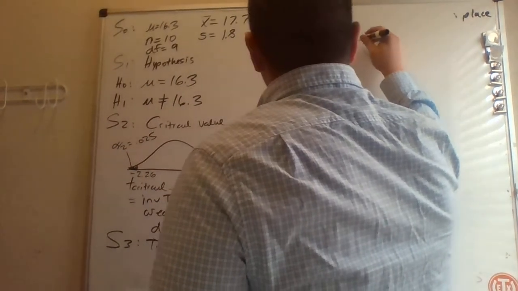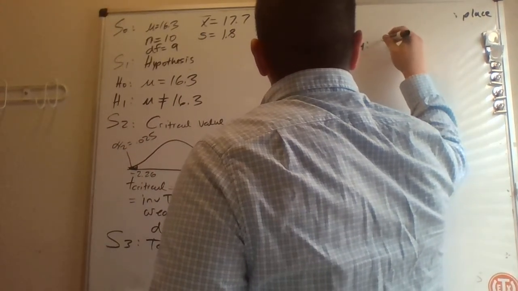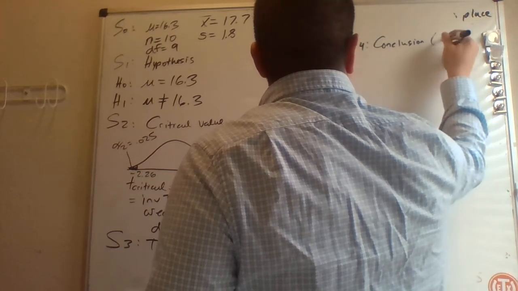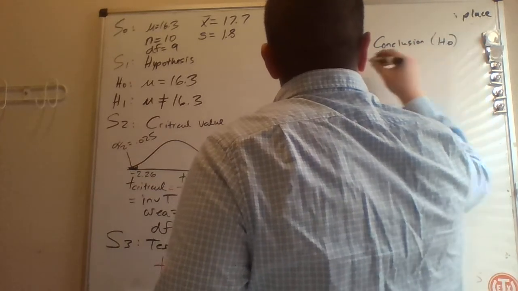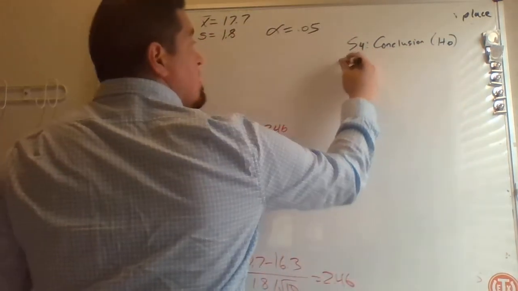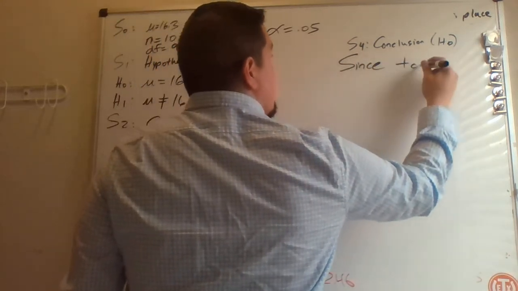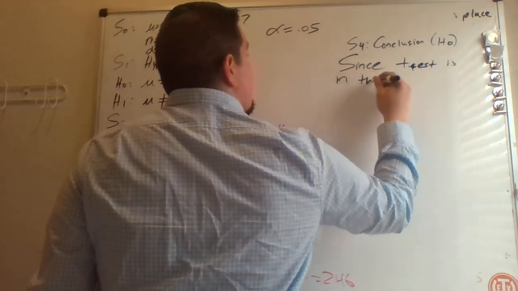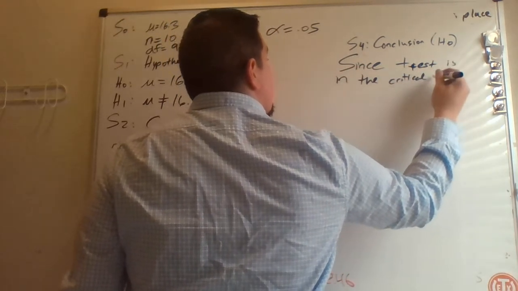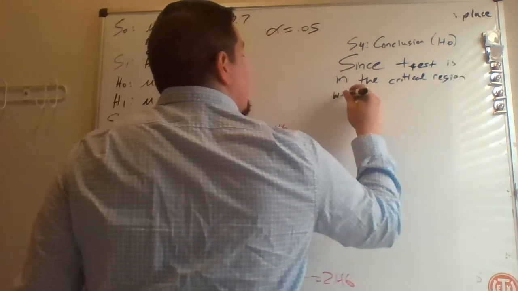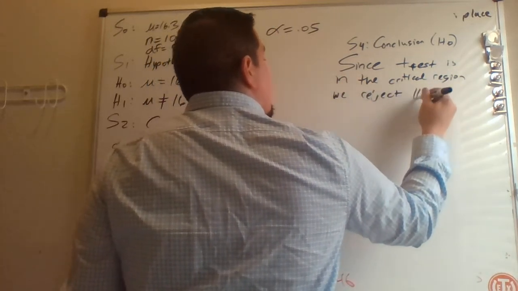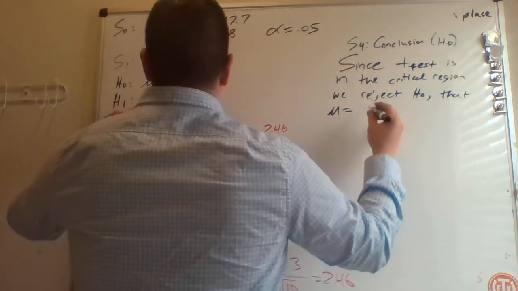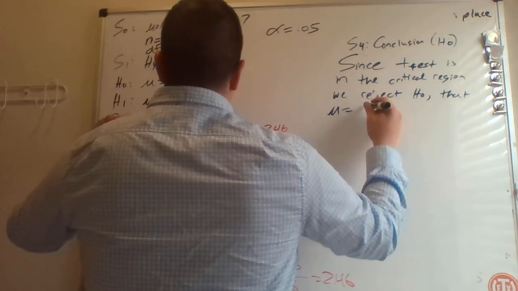So this would be our step 4, our conclusion based on our null hypothesis. Since the t-test statistic is in the critical region, we reject H naught that mu equals 16.3.